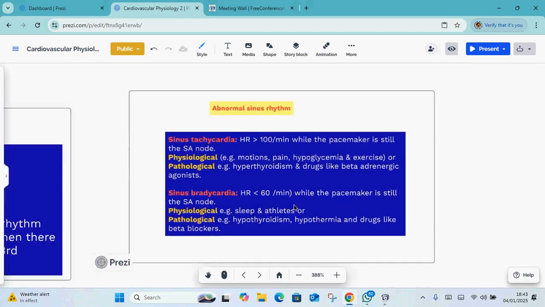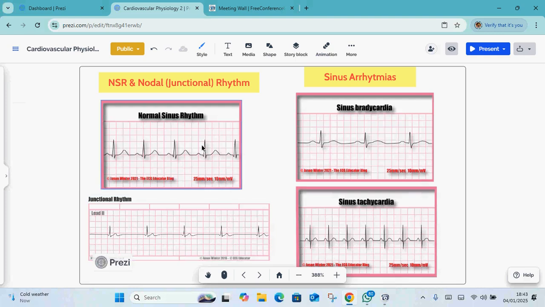Any ECG, 1 second. So this is R and this is R. The distance between the two R's is called the RR interval. If you count the number of small boxes between these two R's, it will give you that distance in millimeters. Is that clear?